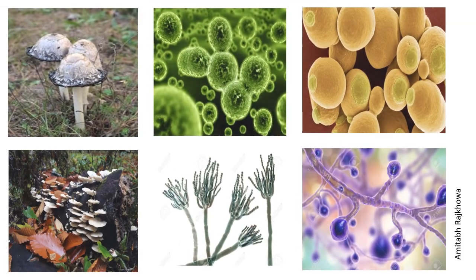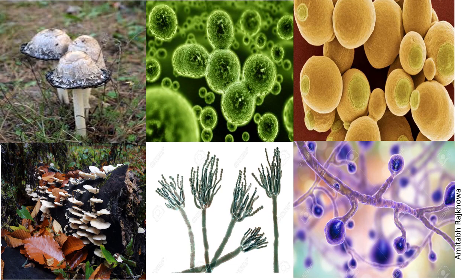These are the pictures of a special group of plants called the fungi. In the ecosystem, their role is decomposer. They decompose the bodies of dead plants and animals and release the nutrients present in them. These organisms are either unicellular or multicellular.